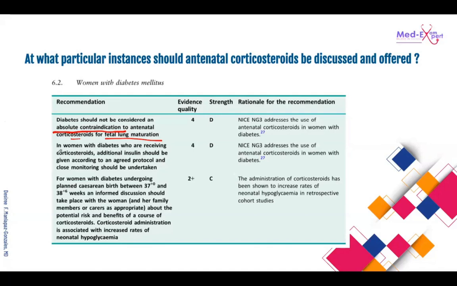We don't allow these patients who are at risk, who are positive for diabetes, to reach their due date. We induce them earlier because of some risk associated with diabetes.